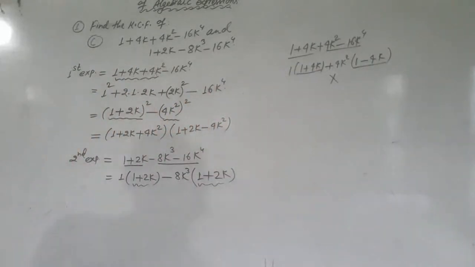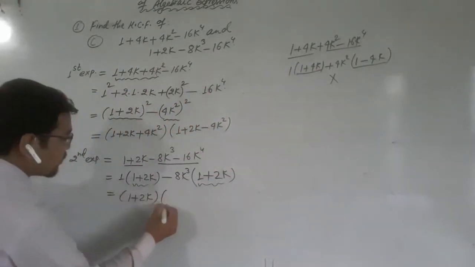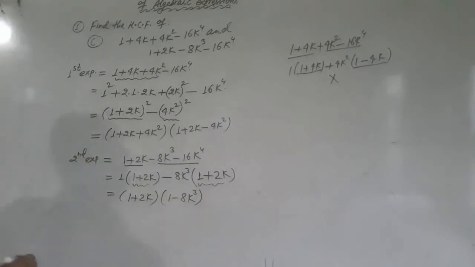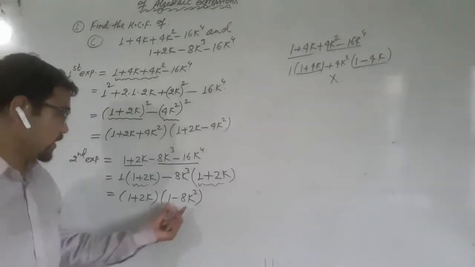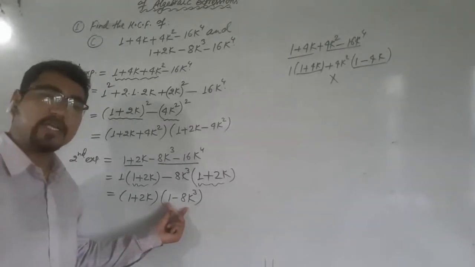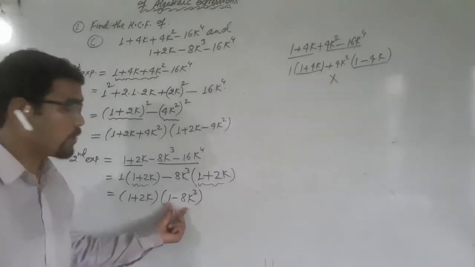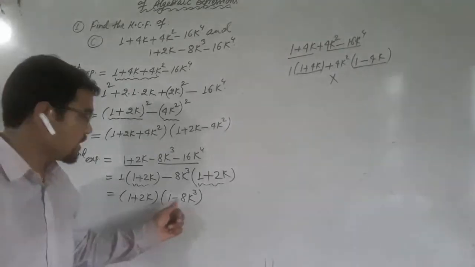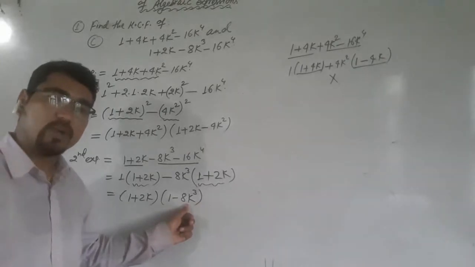So all these students, this we have got here, 1 minus 8k cube. And here students, still our work is not finished, because here 1 minus 8k cube is in the formula way. You have to apply it in the form of a cube minus b cube. 1 we can do 1 cube. 8k cube we can do 2k whole cube, such that it goes in the form of a cube minus b cube.